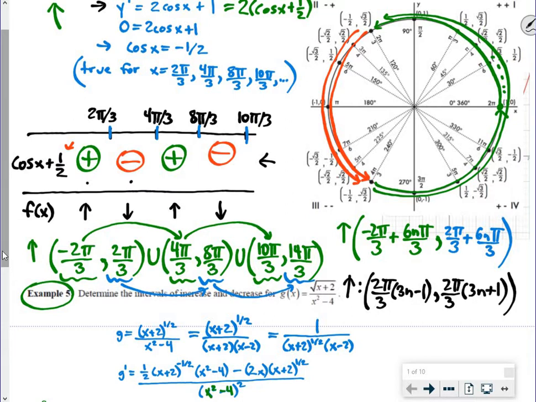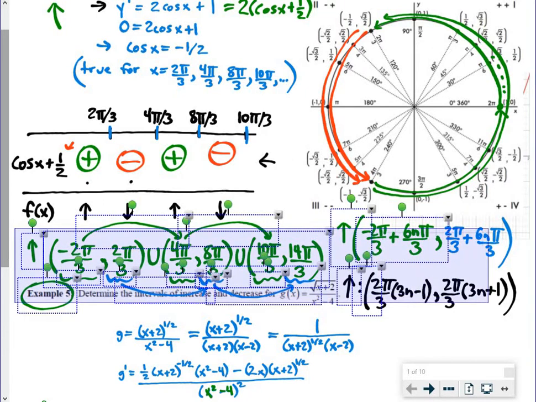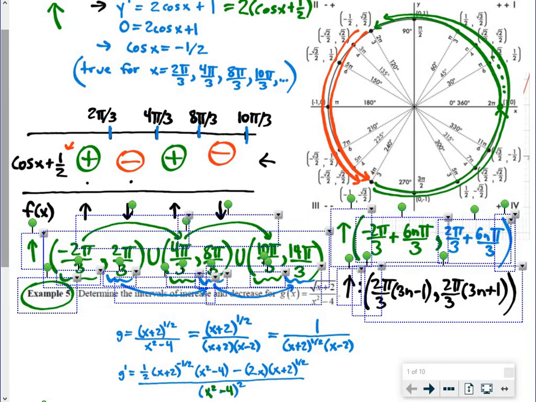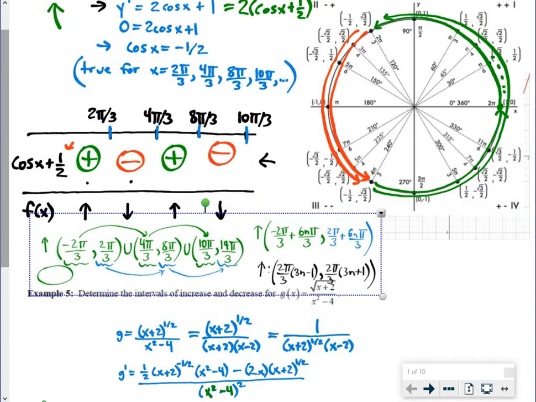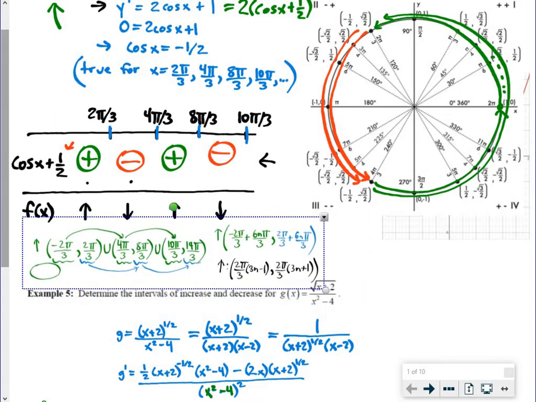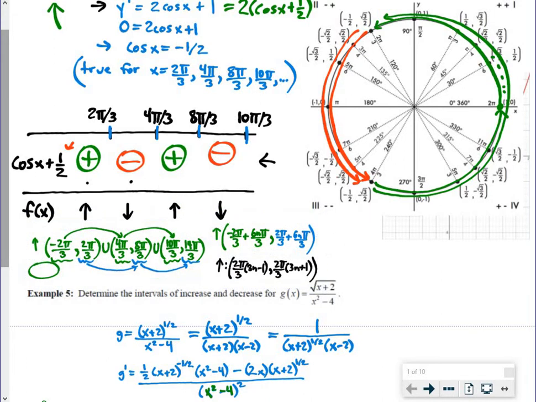Okay, so those are all the intervals of increase. So a bit of work, especially when you're trying to come up with an expression for things in general.